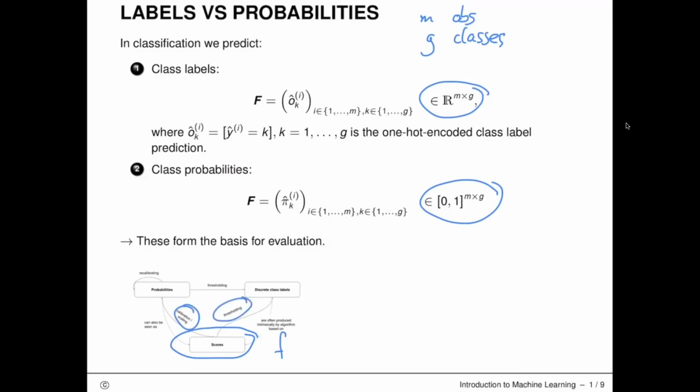We can come from probabilities to discrete labels via thresholding. So there are a lot of connections between all those three instances. But for evaluating the classifier, we will only look at the labels and the probabilities.